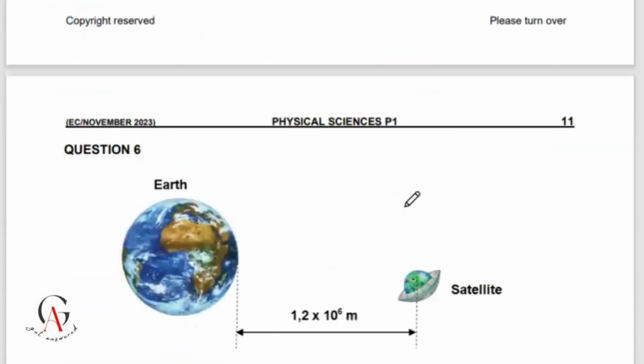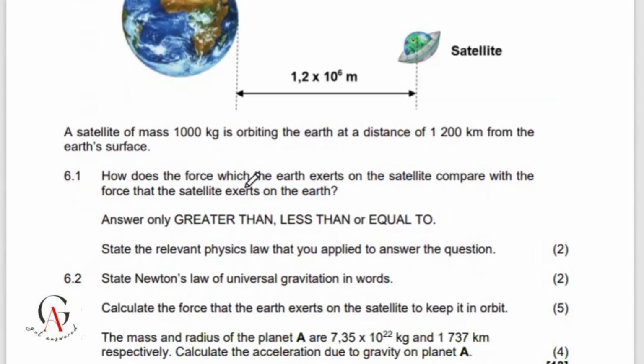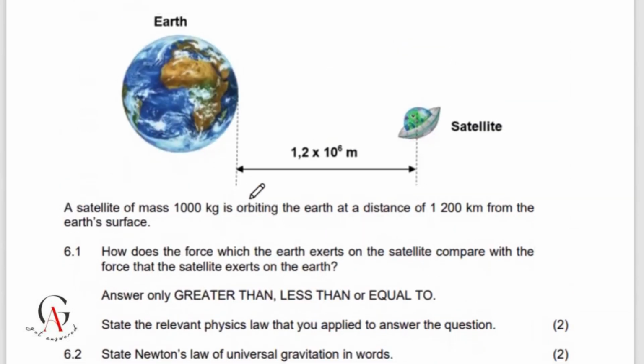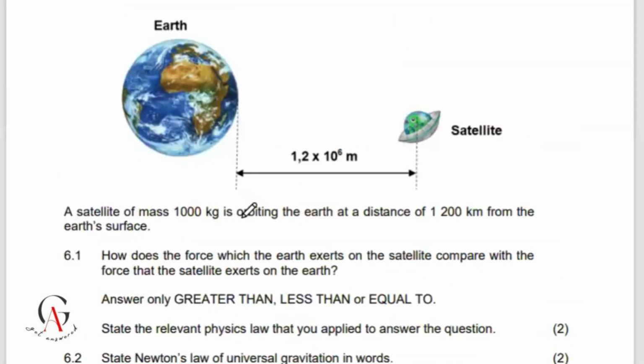We move on to question number 6. This is more about universal gravitation of Newton. Just need to know the formula and the concepts of how it works. So if we have the Earth and the satellite being separated by 1.2 times 10 to the 6.